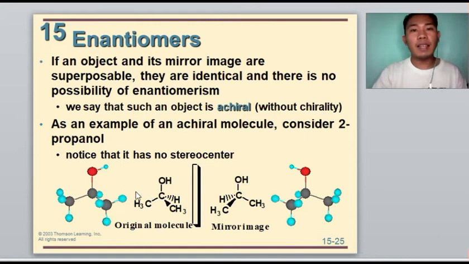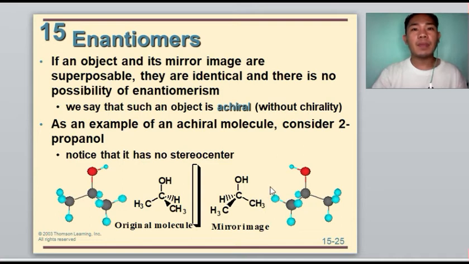Notice on the left is a 3-dimensional representation of 2-propanol. On the right side is its mirror image. Also shown are the ball and stick models for each molecule. Now the question is, what is the relationship of the mirror image to the original?